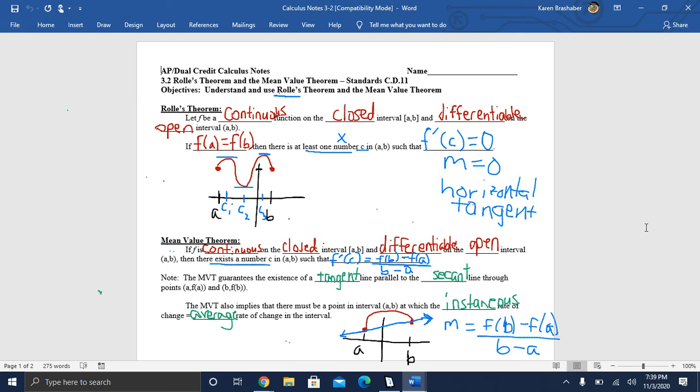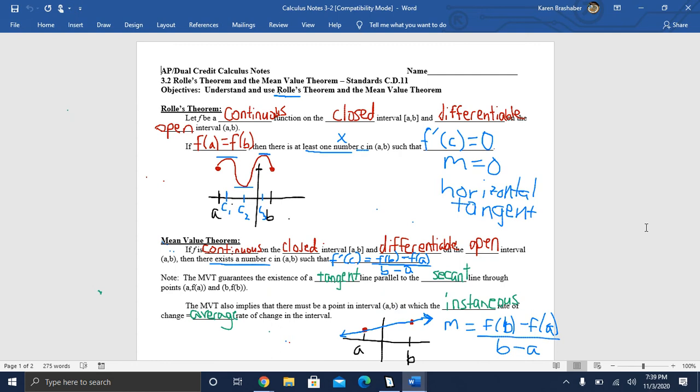If I were to do the derivative, then that would give me the slope of the tangent line to that graph. And so somewhere between A and B, I should be able to draw a tangent line that is parallel to my blue secant line there. Now, I'm trying to freehand this. And I'll give myself another shot.